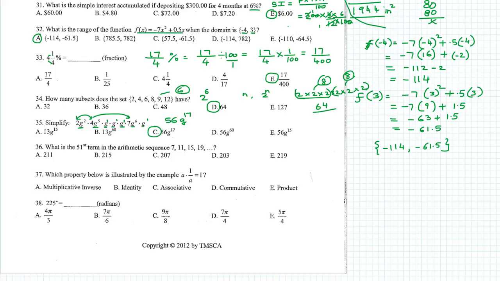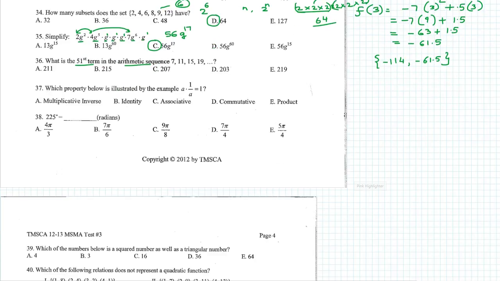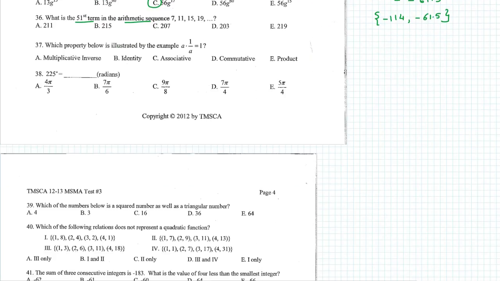Question 36. What is the 51st term in the arithmetic sequence 7, 11, 15, 19, and so forth? One way to do this problem is to write the terms this way. The first term is 7. The second term is 11, which is nothing but 7 plus 1 times 4.